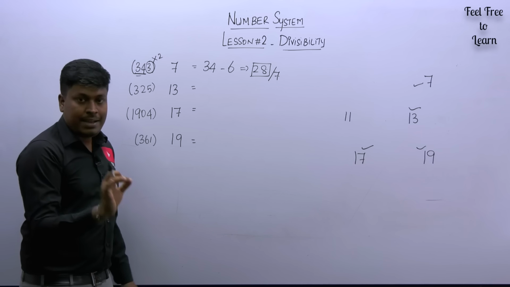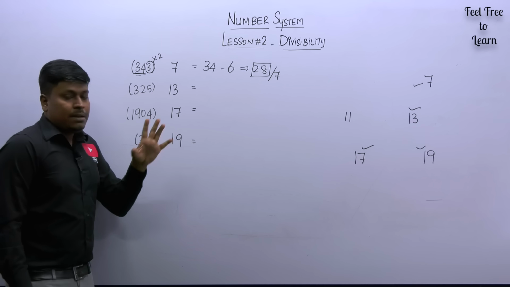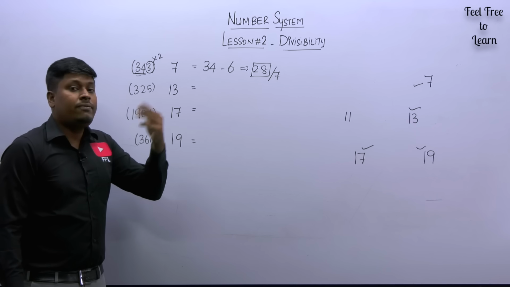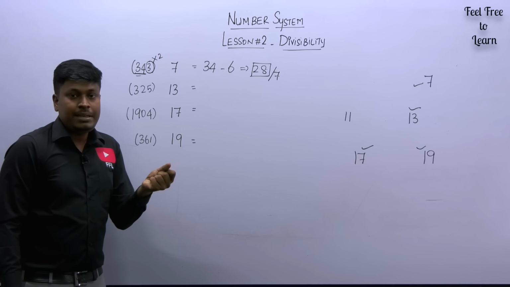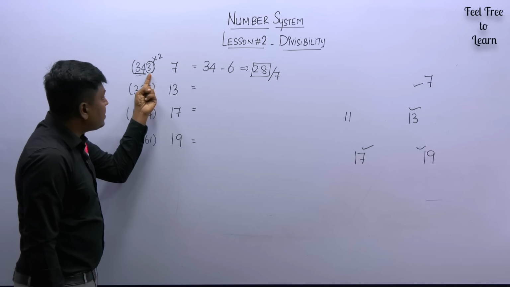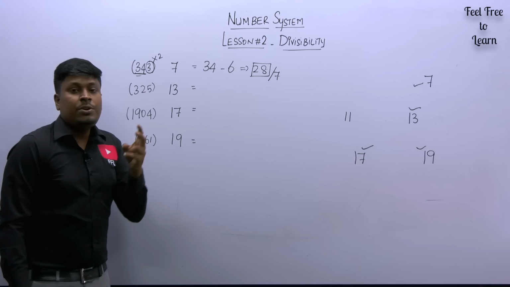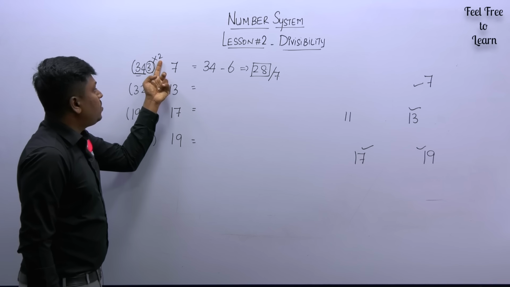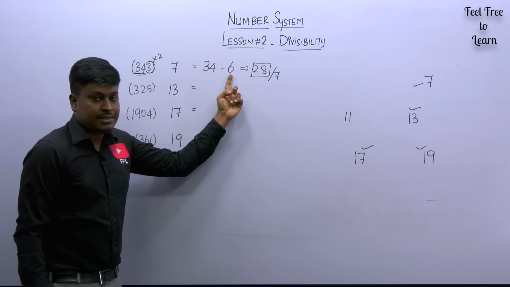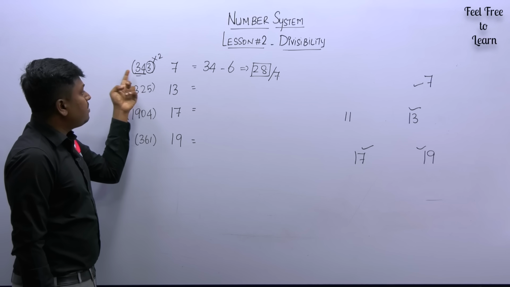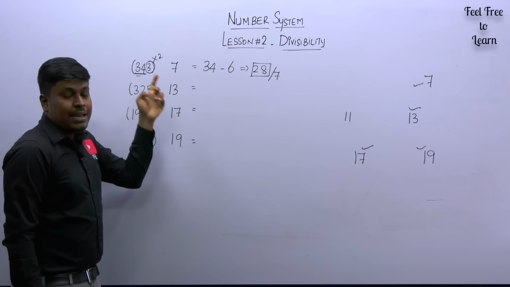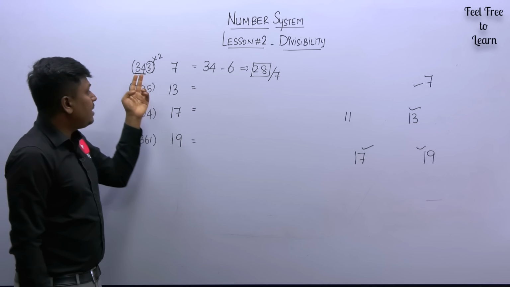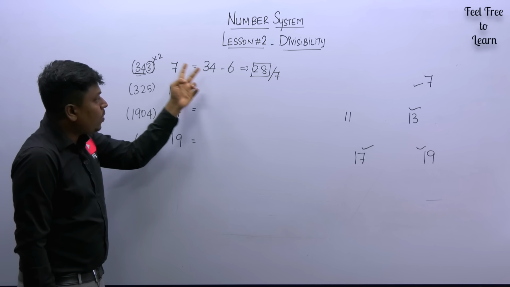I can explain again. In the given numbers, whatever the number may be, 4 digit or 5 digit, you have to target the last digit of the given number and multiply it by 2. So 3 into 2 is 6. I have written 6 here. And what about the remaining numbers? The remaining number is 34. In case it is a 4 digit number, the remaining number will be 3 digits; you have to take all of them.